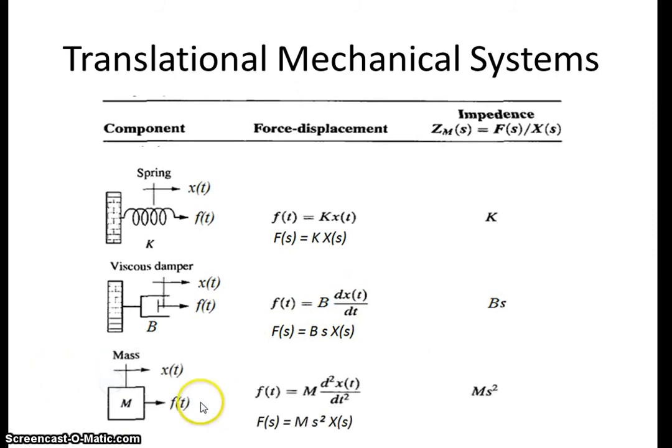And the third component, which is the mass, will have an inertial force equal to the mass times the second derivative of the displacement, and this will be its corresponding Laplace transform, and the impedance will be m s raised to 2.